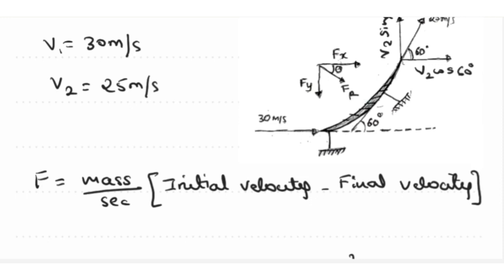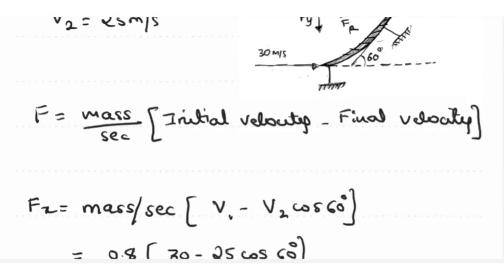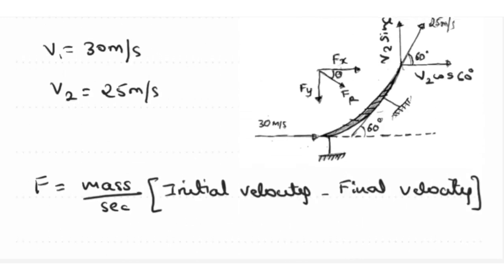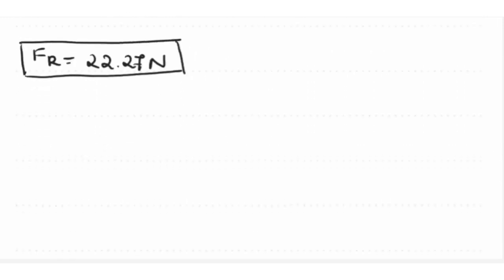We have calculated Fx, Fy, and also Fr. So now we have to calculate the direction, that is theta. So tan theta is equal to Fy by Fx.